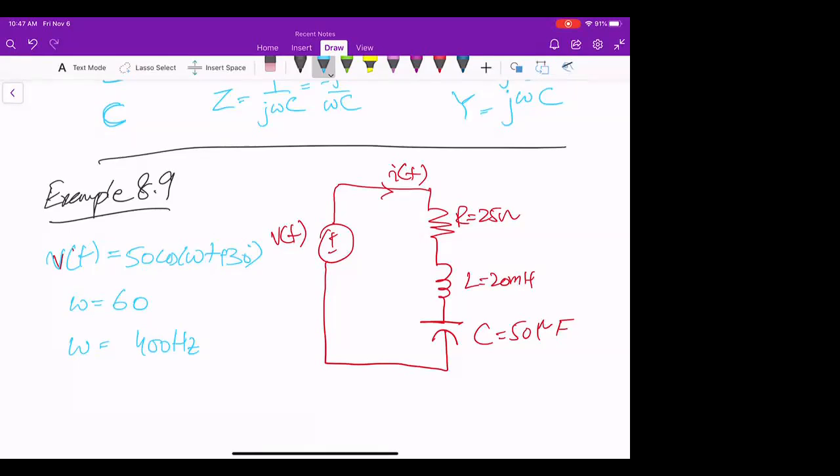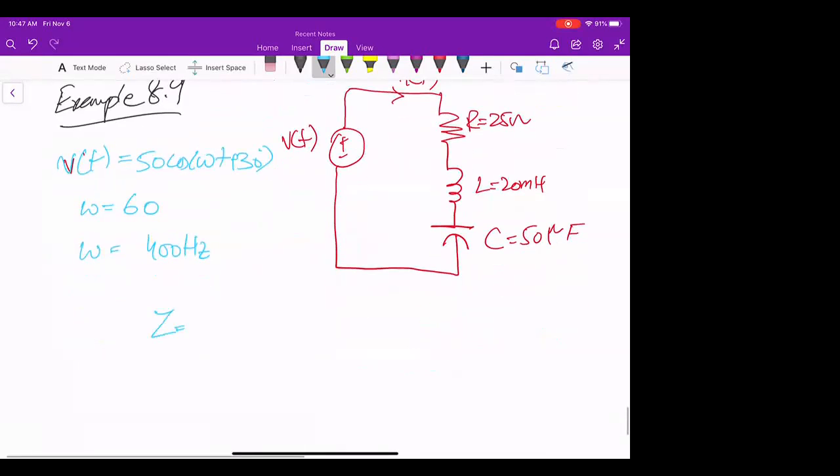So ZR is equal to R, which is 25 ohms. I'm not just defining it because it has reactance in it, so it cannot be just defined as R right now. Then ZL is J omega L, which will be 2 pi into 60 into 20 millihenry, and that is equal to J 7.54 ohms.